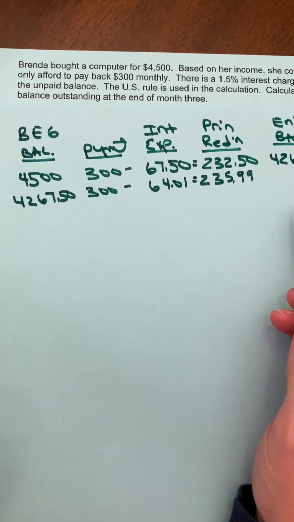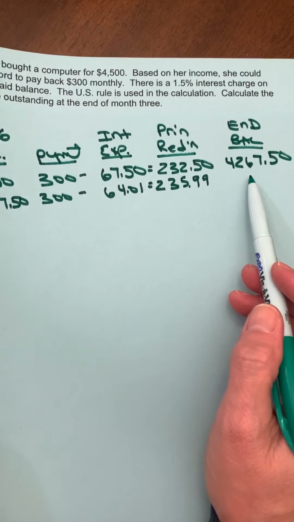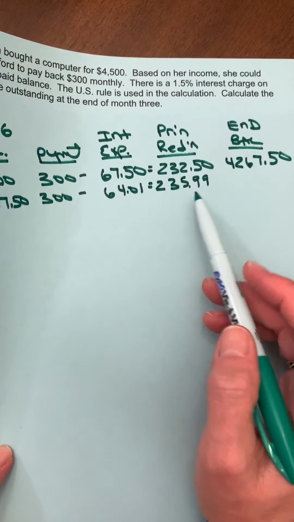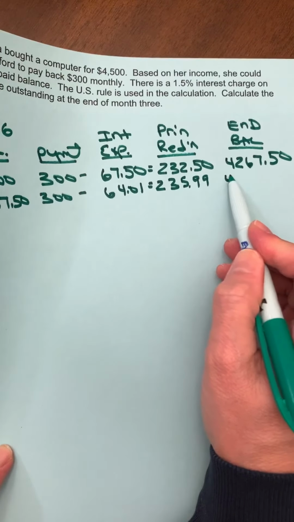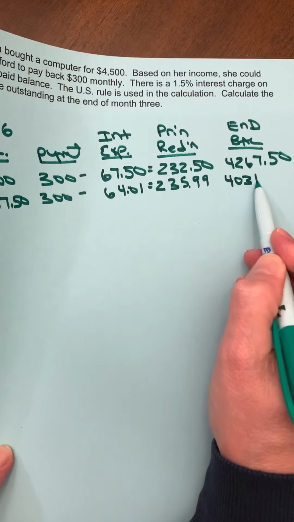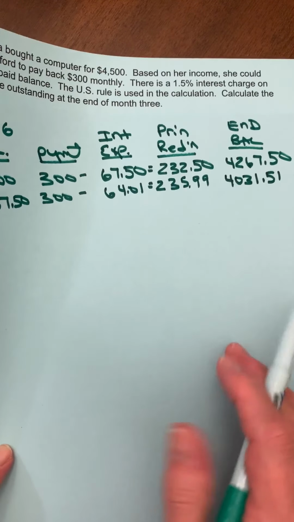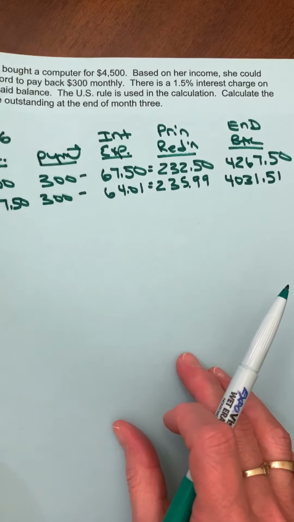So I started the month owing $4,267.50. Now I've reduced that by $235.99. So now I only owe $4,031.51. That's my balance at the end of month 2.